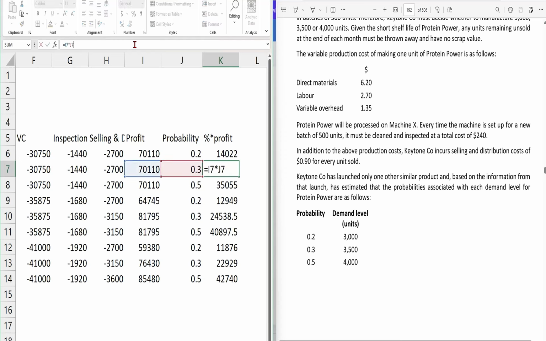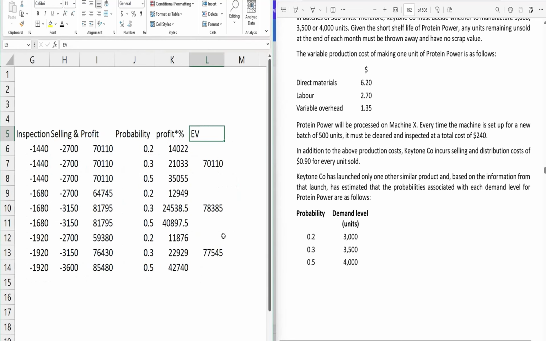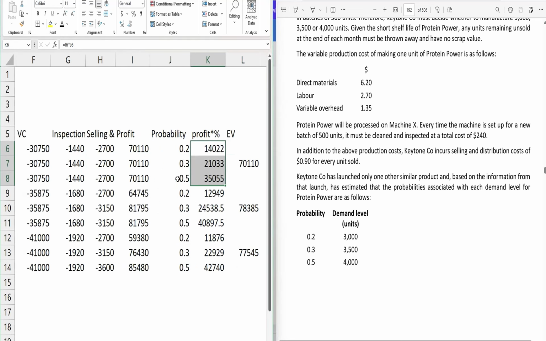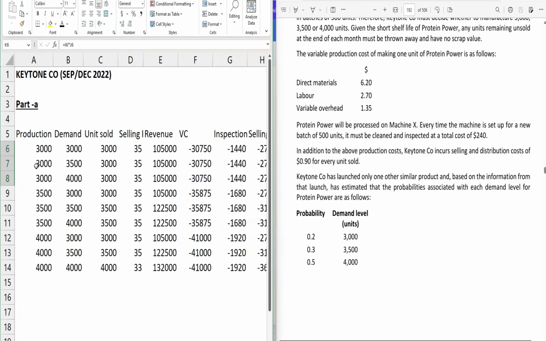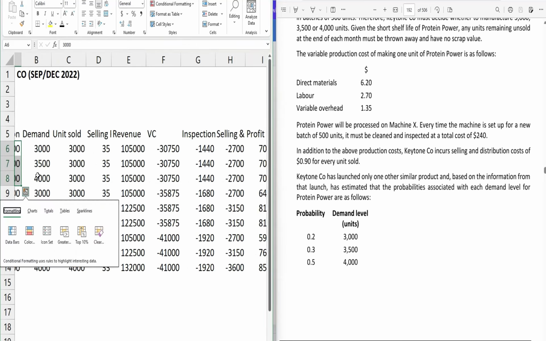Okay, so now we will calculate the expected value. For the calculation of expected value, I have just taken the production unit 3000 for different demand levels.